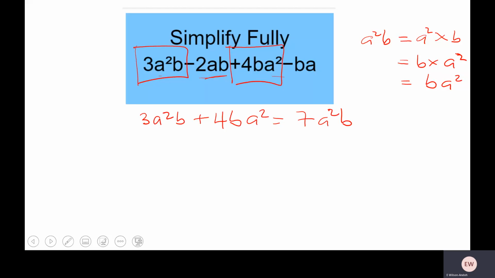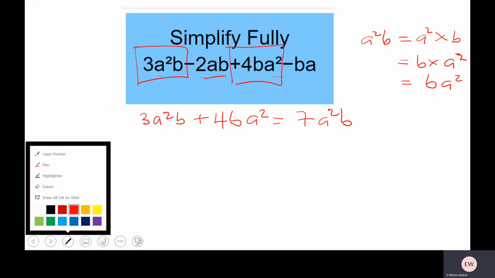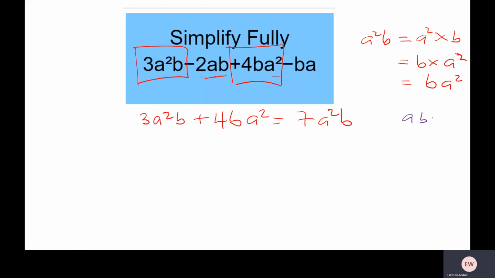And then we look at the second term and the fourth term. Now, ab is the same as a times b, which is b times a, and this is the same as ba. So the second term and the fourth term are like terms. So we are going to have minus 2ab. Always check the sign in front of the term, minus ba.